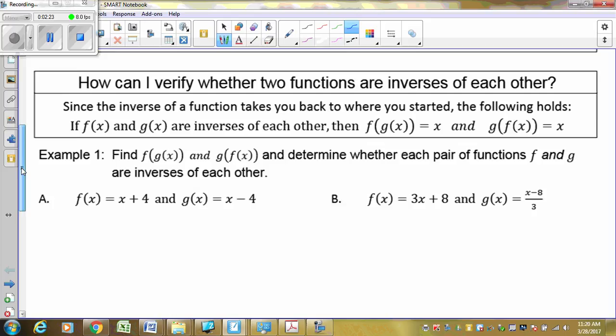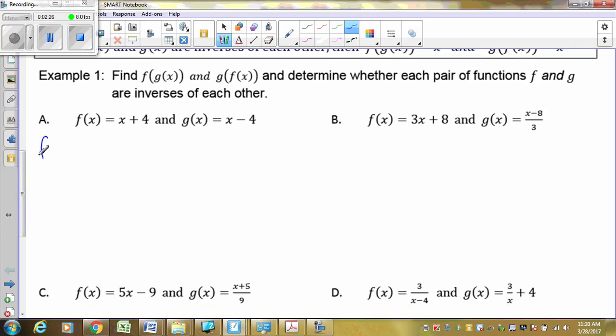So coming back down here, when we do f of g of x, and we already pretty much know how to do this from our composite functions, you're taking the x minus 4 and substituting it into the f function. So right here you're going to have x minus 4, and then you still have that plus 4 from the original function.